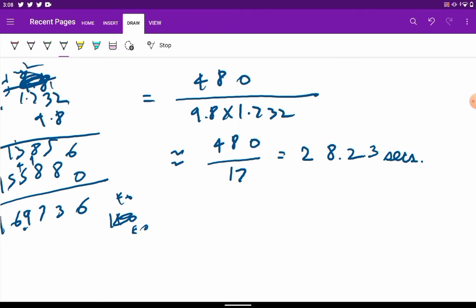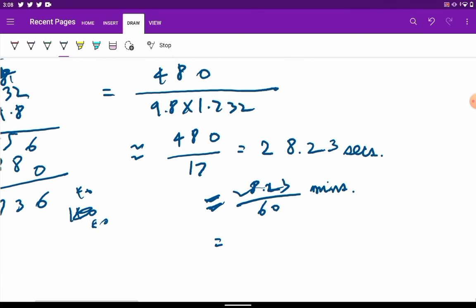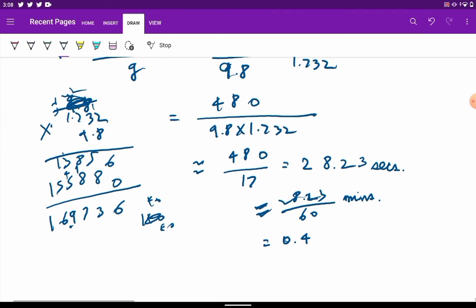The answer is, I think, given in minutes. Let's see how much it is. 28.23 divided by 60 minutes. That's how much. You see it roughly goes 0.4 to 64 to 240. So we have 423 left, and 67 is approximately 0.47 minutes.